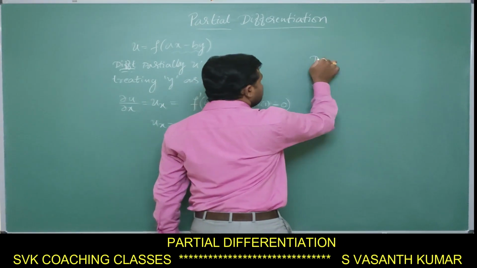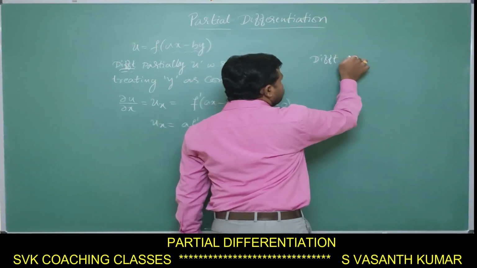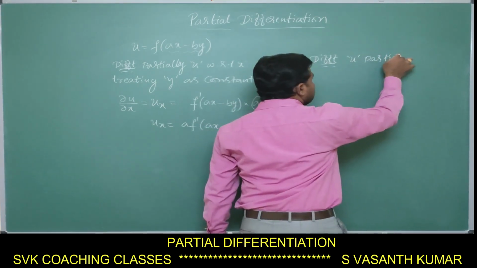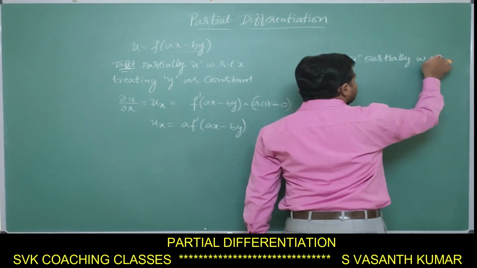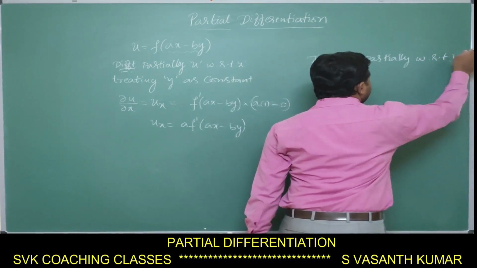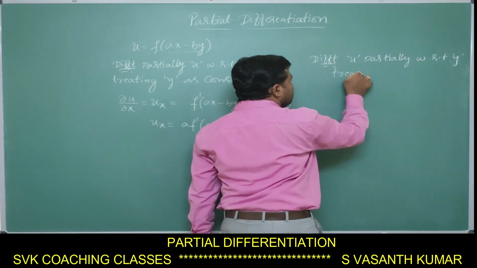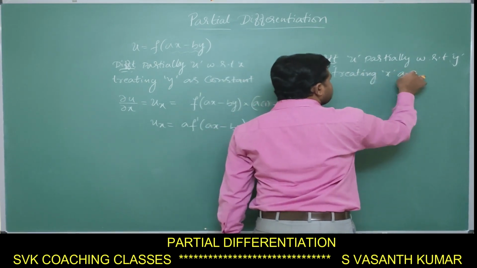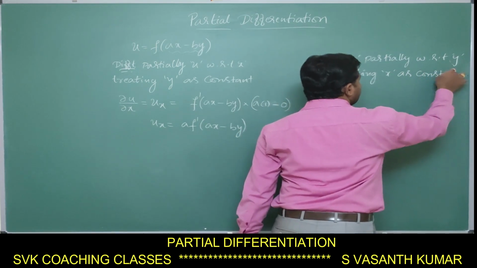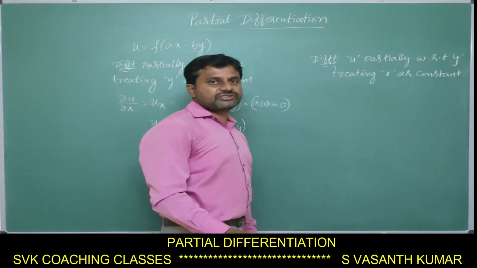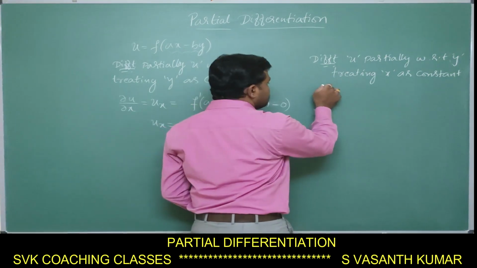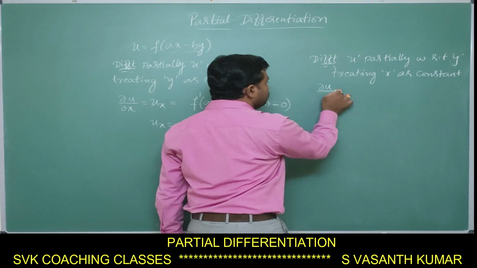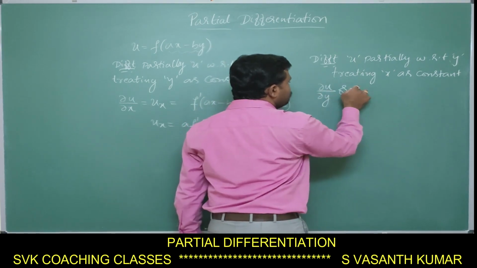Similarly, if you differentiate u partially with respect to y, treating x as constant, what are you going to get? The differentiation of u partially with respect to y is denoted by del u by del y or uy.